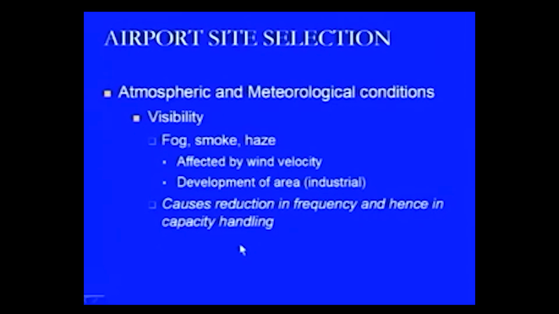So, the overall condition of these combinations of atmospheric and meteorological conditions is that they cause a reduction in the frequency, that is the number of operations, as well as in the total traffic handling capacity of any airport.